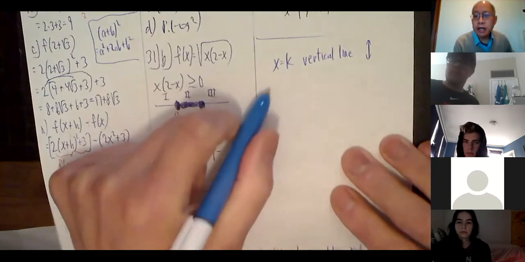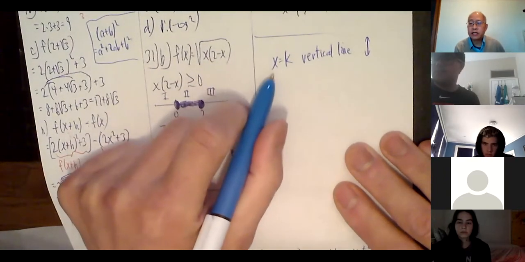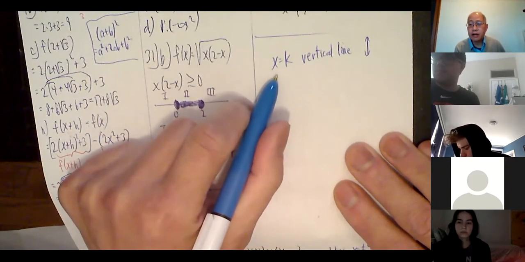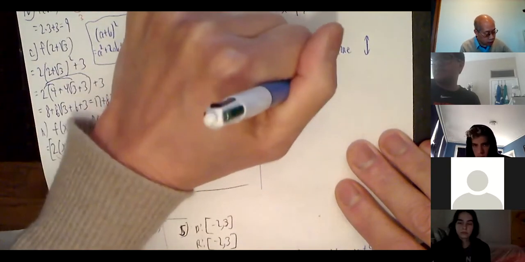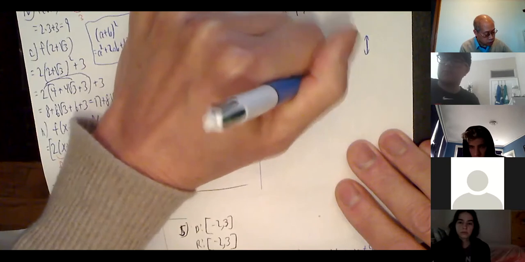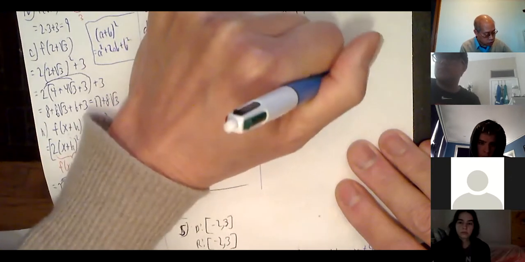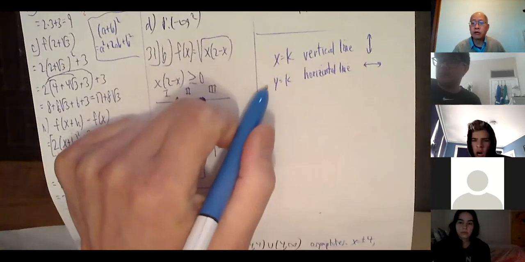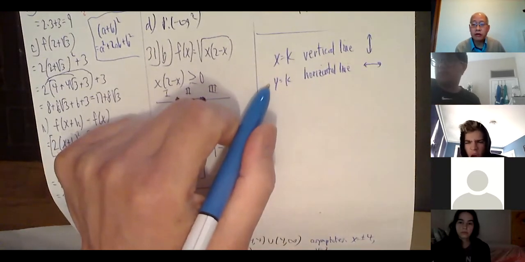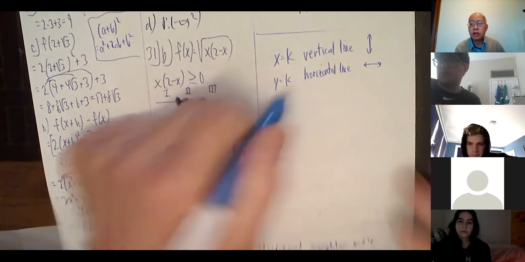X equals 2, x equals 5, x equals -8, vertical line. Y equals a constant is a horizontal line. So if you just see y equals 1, y equals pi, y equals a million, y equals -1,000,000, horizontal line.